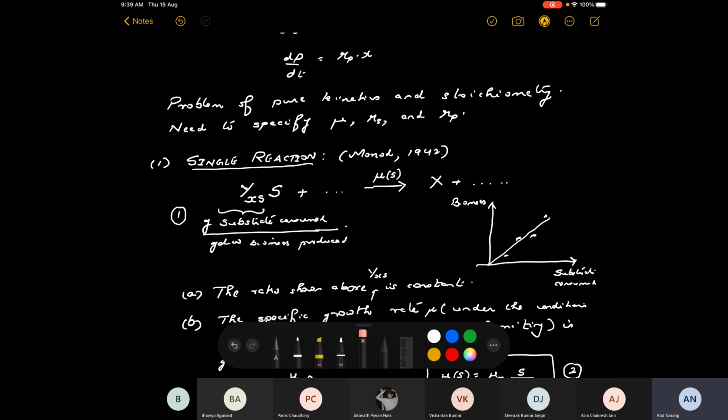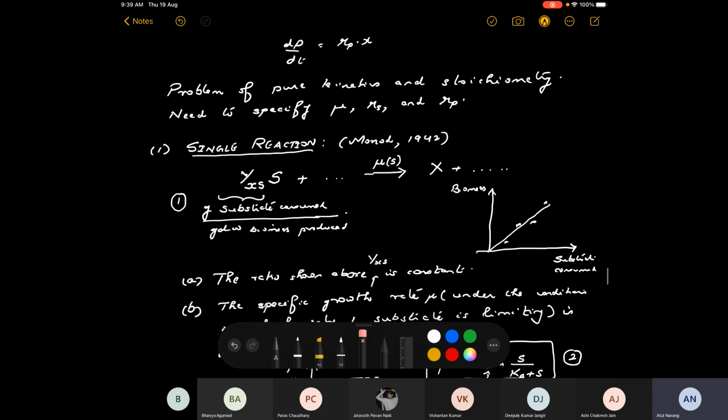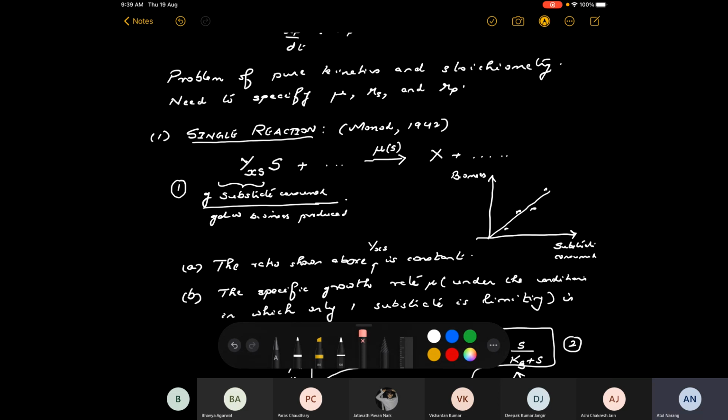I should point out that some people use molar units instead of mass units, and this is permissible because, as I pointed out last time, even biomass has a well defined chemical composition, so we can associate a molecular weight with biomass as well. Maybe we will look at that later on, but for the time being, we just assume y-XS to be grams of substrate consumed per gram dry weight of biomass produced.